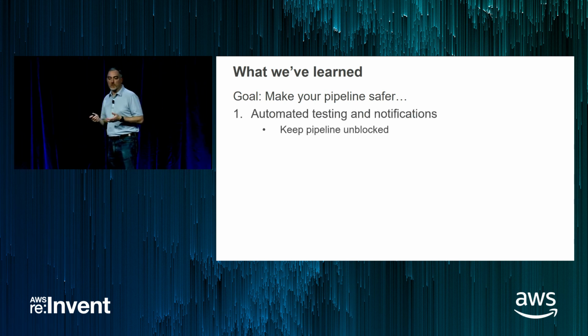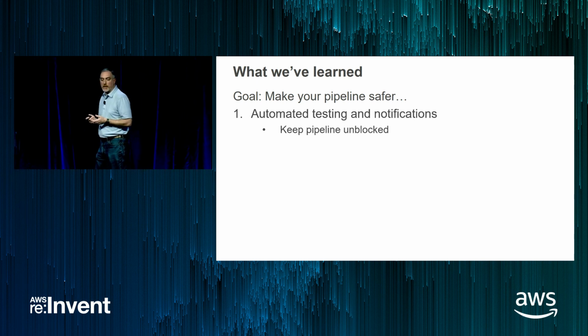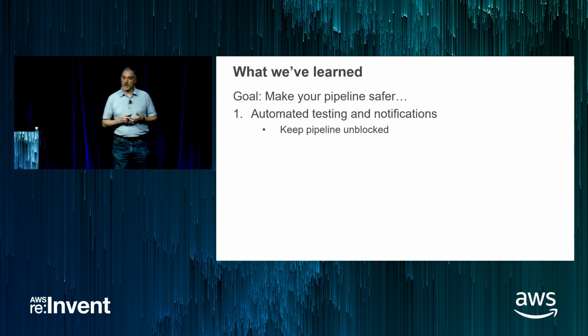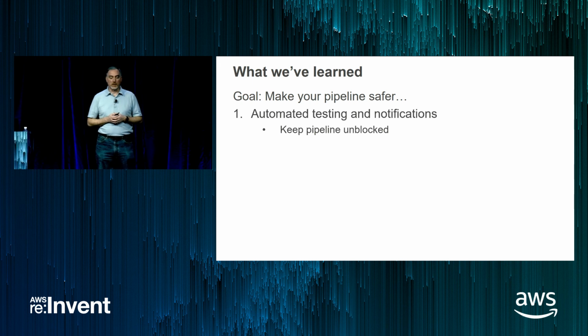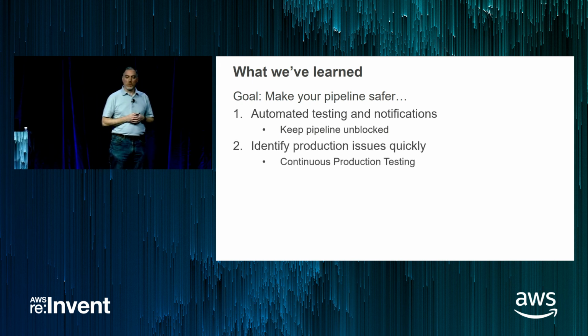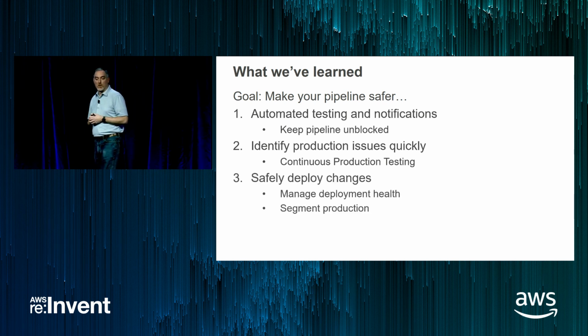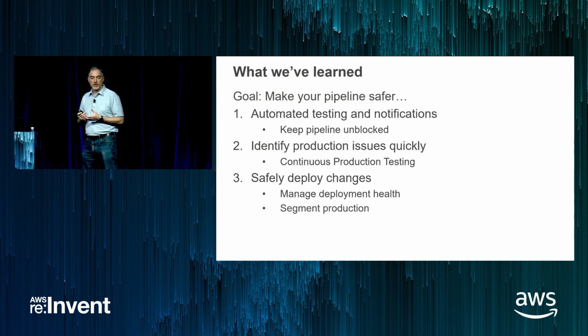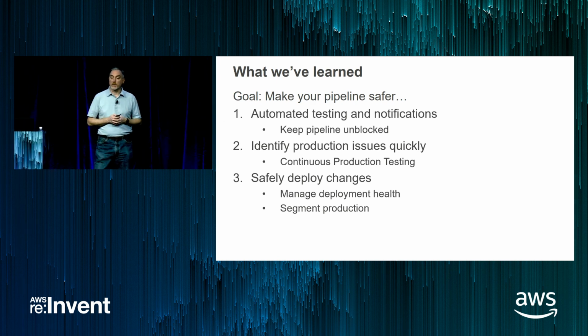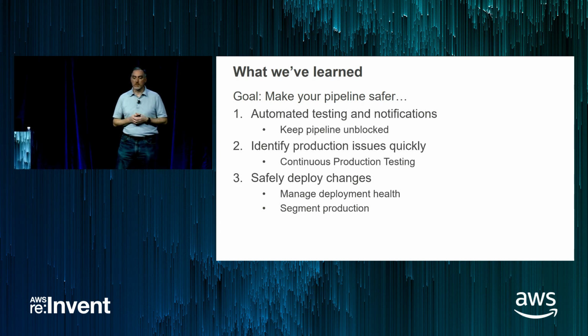So to recap, we can use automated testing to quickly notify our developers and keep our pipelines unblocked and current. We can use continuous production testing to react quickly to production issues. We can deploy safely to production by setting up our deployment configuration to test each host after it's updated and roll back if the deployment fails.